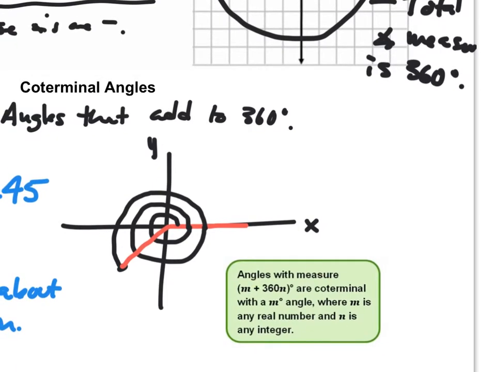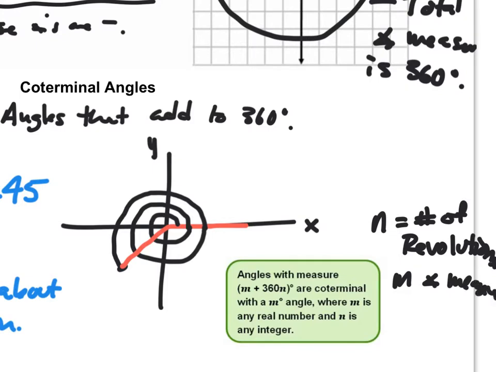It says angles with measure m plus 360n are coterminal with an m degree angle, where m is any real number and n is any integer. So I'm going to have n equal the number of revolutions, and m is just your angle measure.